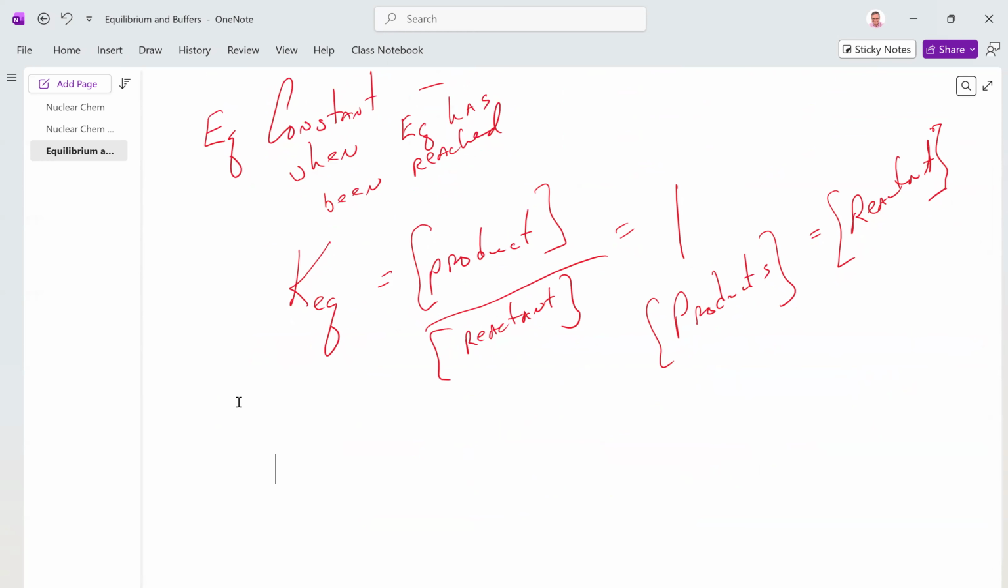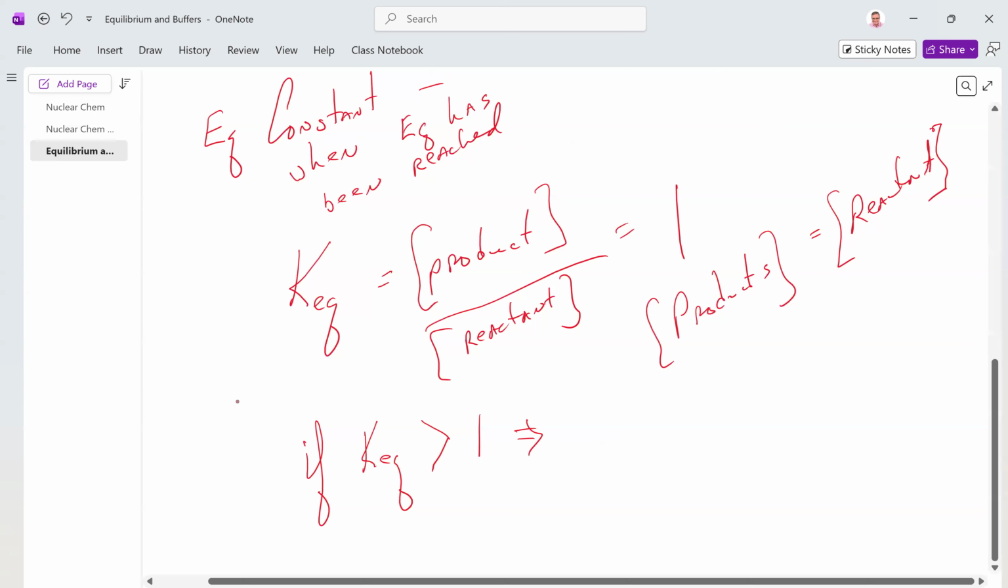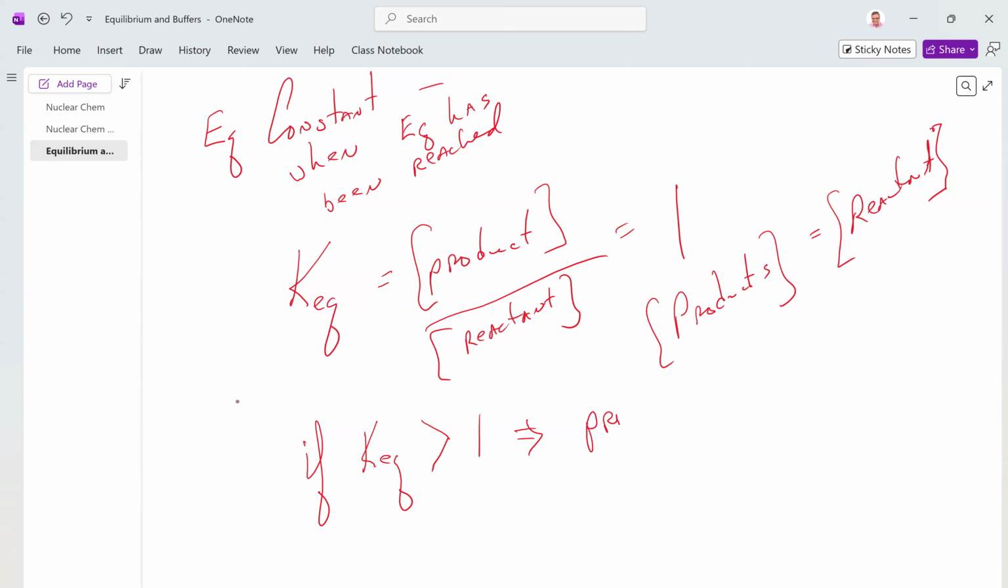Okay, so if KEQ is greater than 1, products are favored.